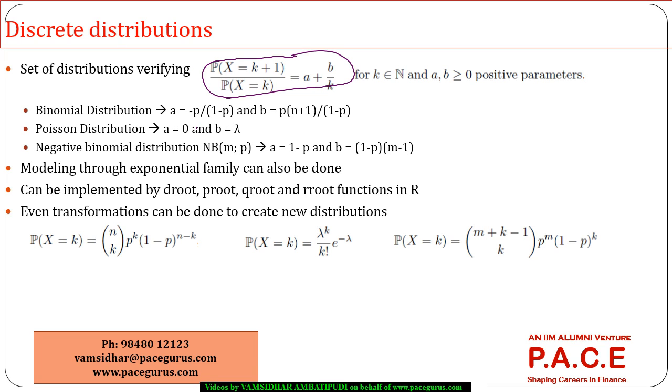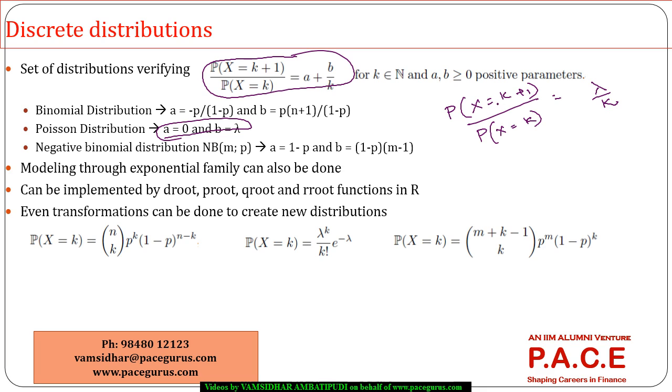Now if you set, just for example, the Poisson distribution, set a equal to 0, b equal to lambda. So we are saying probability of x equal to k plus 1 divided by probability of x equal to k comes out to a plus b by k. Here a is 0, b is lambda, so it comes out as lambda by k.